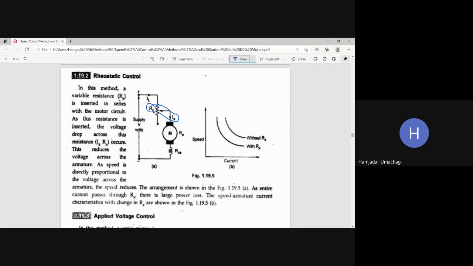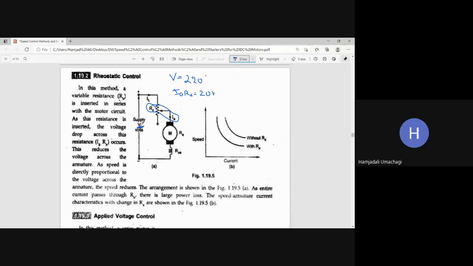If there is a drop because of IA into Rx, and the voltage applied to the motor is V, suppose V is 220 volts, and the IA Rx drop is, say for example, 20 volts, then how much is the voltage available for the motor now? 220 minus 20.